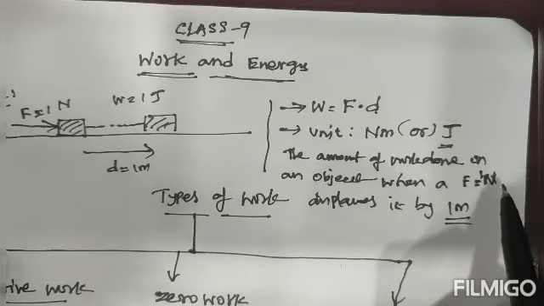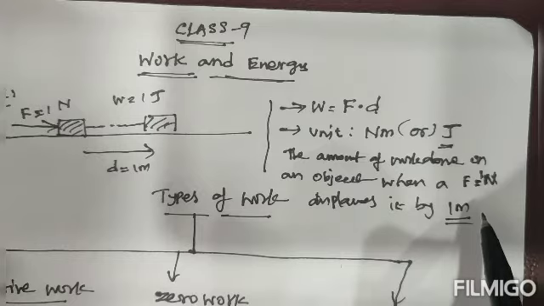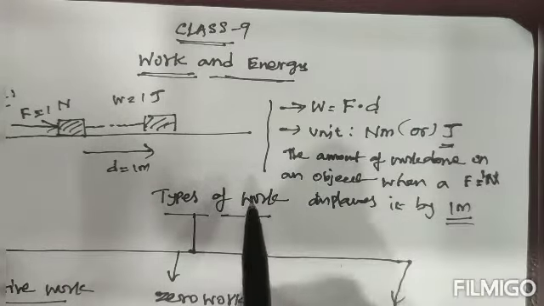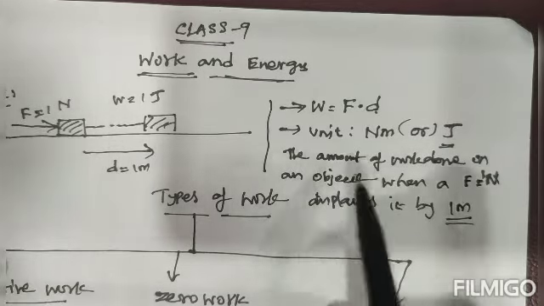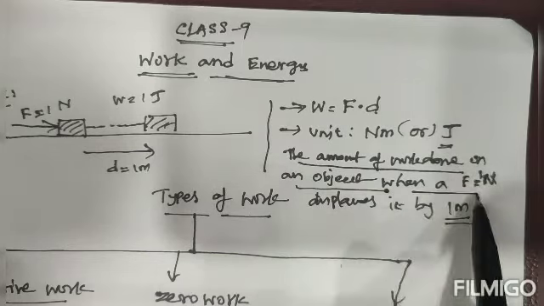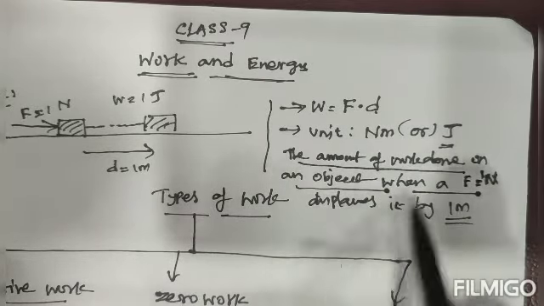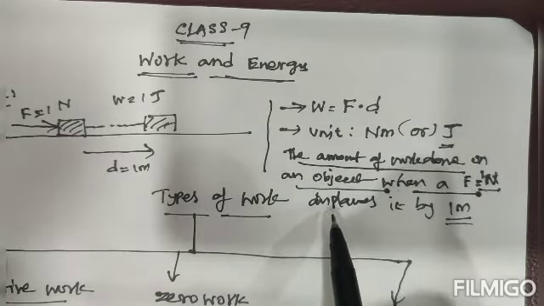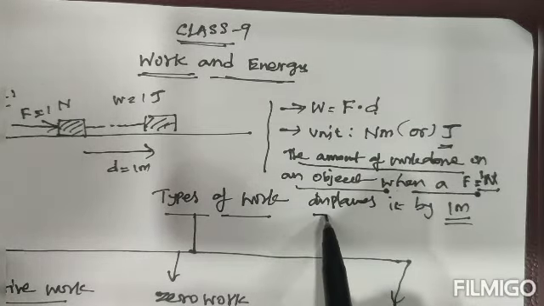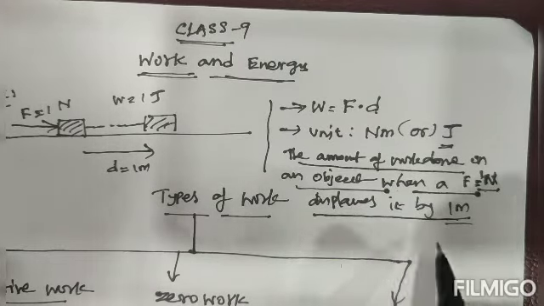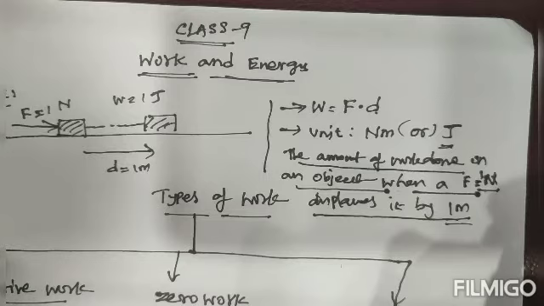So force is 1 Newton, the displacement is 1 meter, and here the work done is 1 joule. So the amount of work done on an object when a 1 Newton force is applied on the body and it is displaced by 1 meter, the work done by the system is 1 joule.